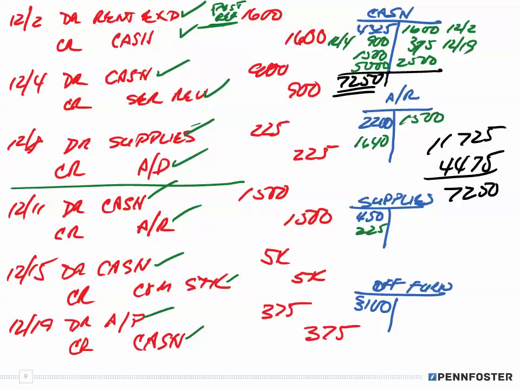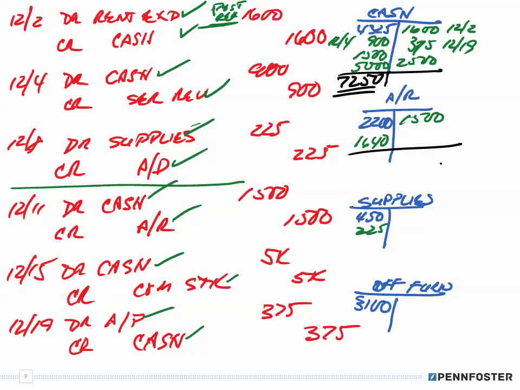And all I'm going to do is go down through each and every ledger account and get that particular balance. So for accounts receivable here, I have 2,200 plus 1,640 is 3,840 less 1,500 is 2,340.